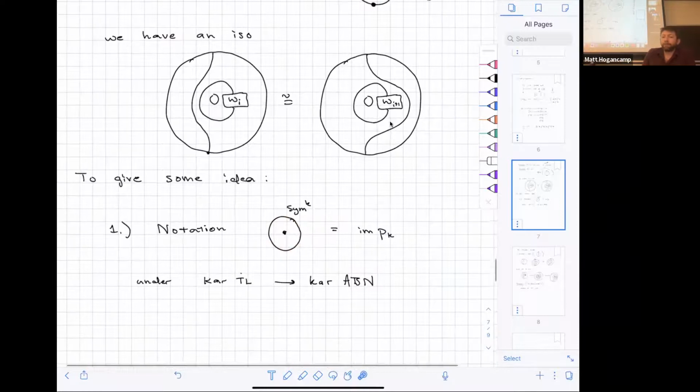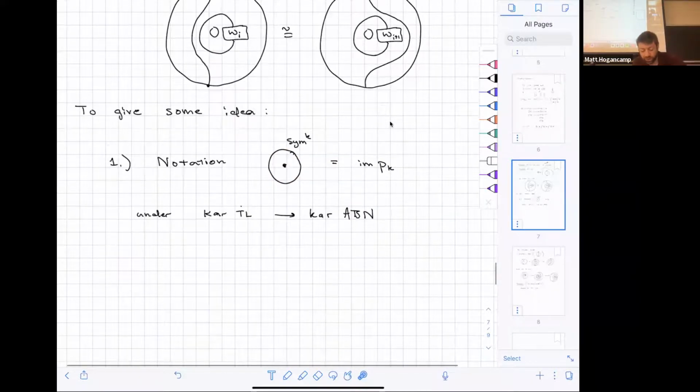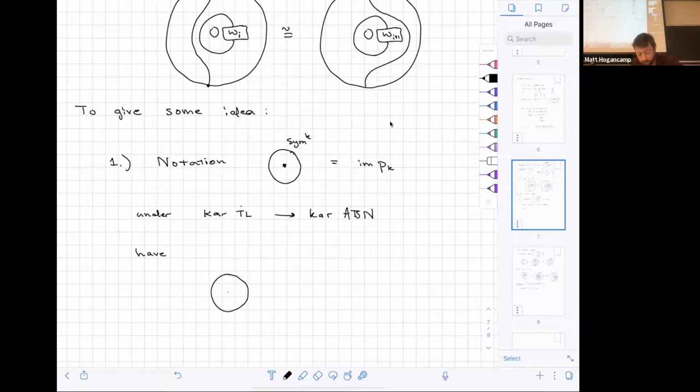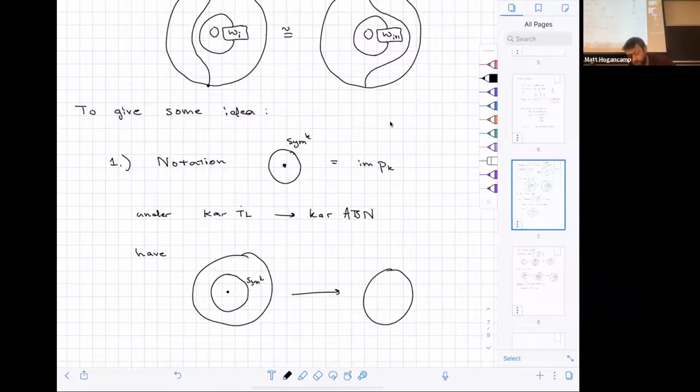Anyway, we have natural morphisms. We have morphisms that take Sym k with a concentric circle around it and map that to the kth symmetric power, this is the k plus first symmetric power.